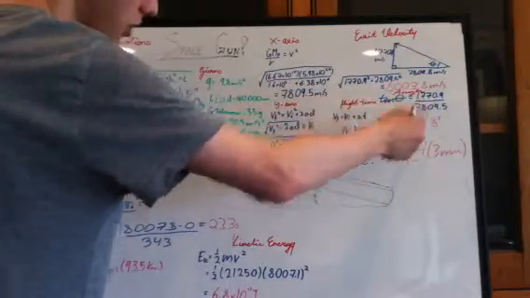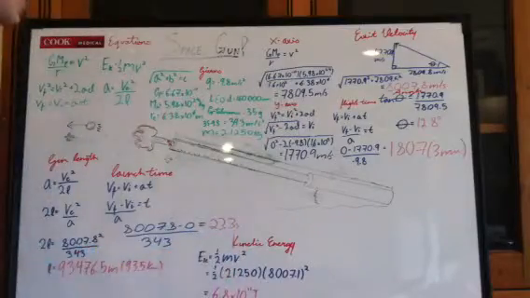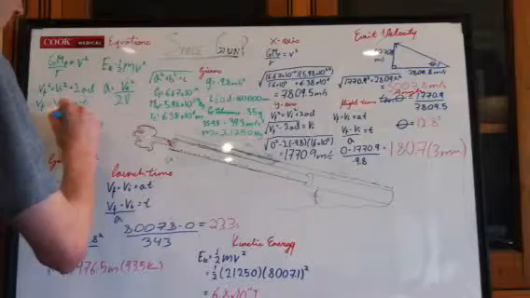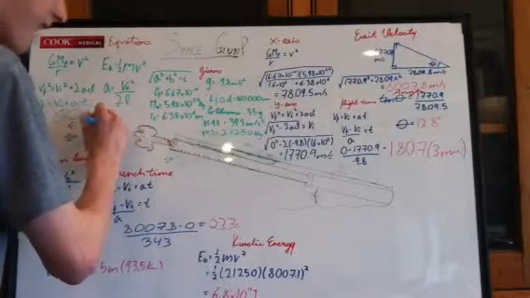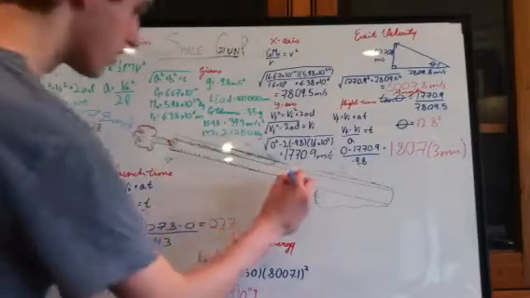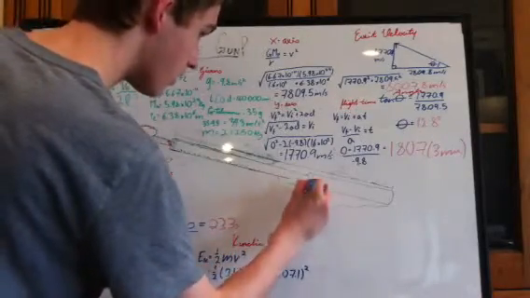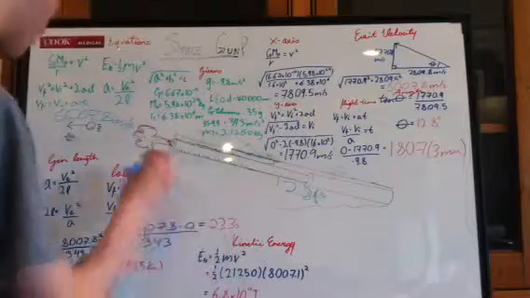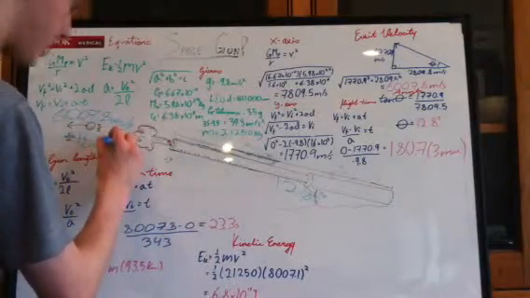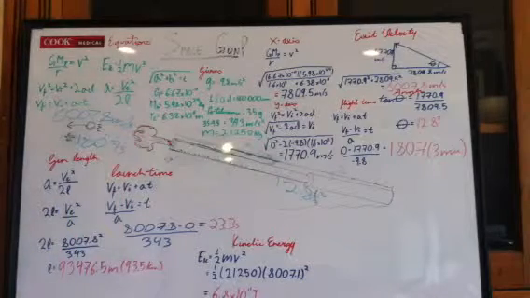We're going to end up with 12.8 degrees. So let's write these numbers down here on our gun. The time is going to be 180.7 seconds.